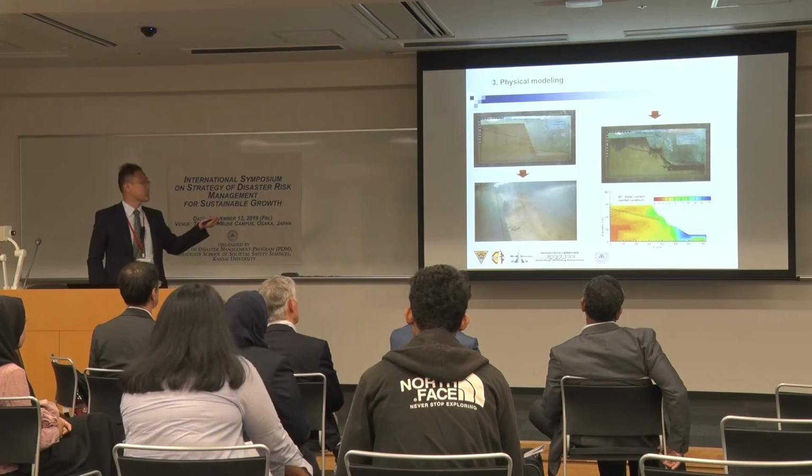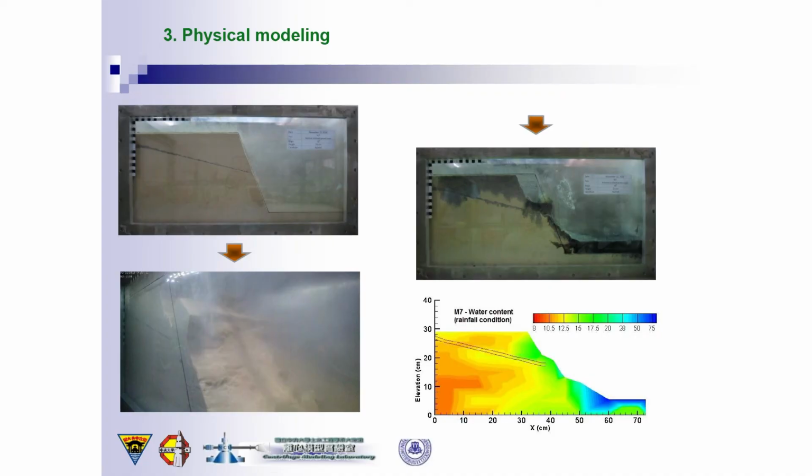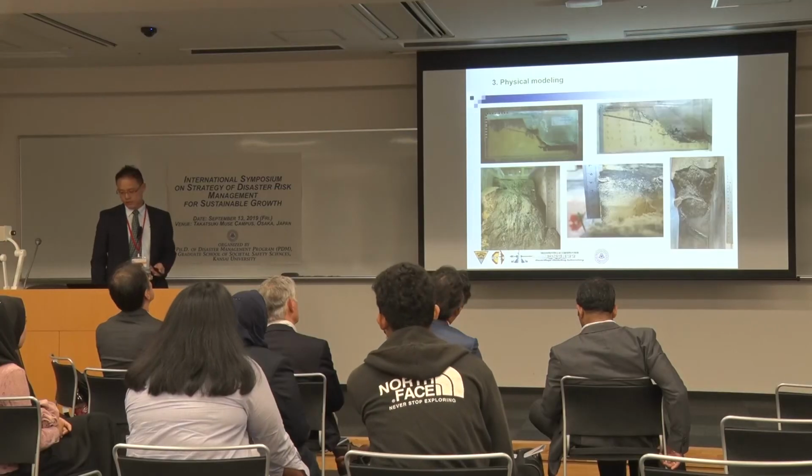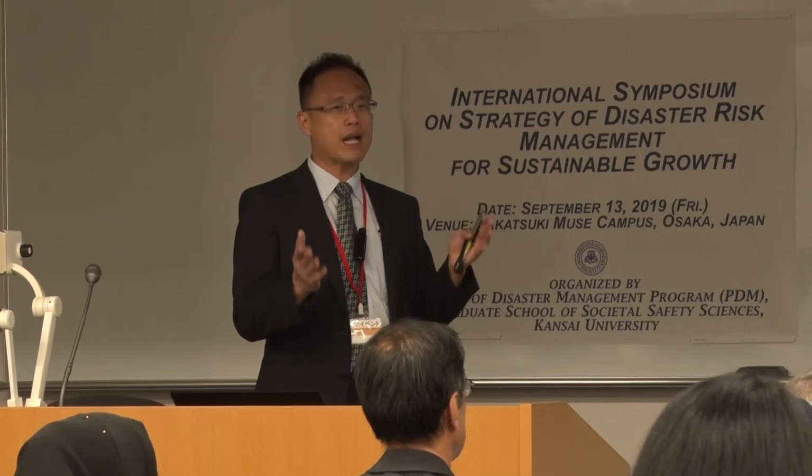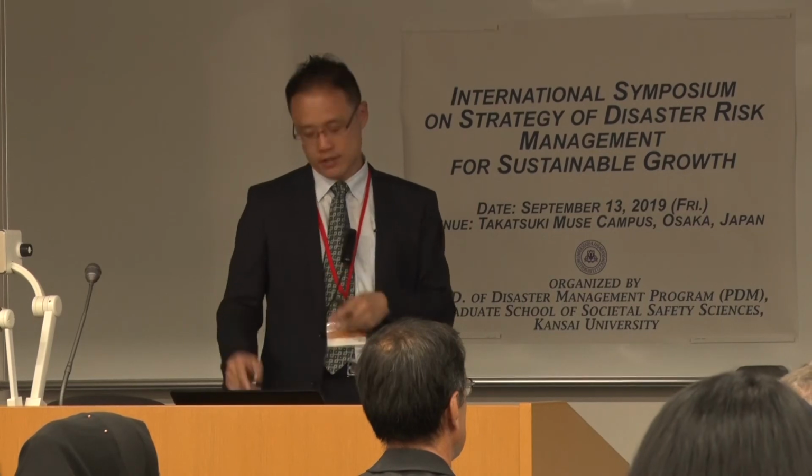And because of different infiltration of the material, we can get different failure conditions. As you can see, the advantage of centrifugal modeling is we can just show you what would happen in the future.